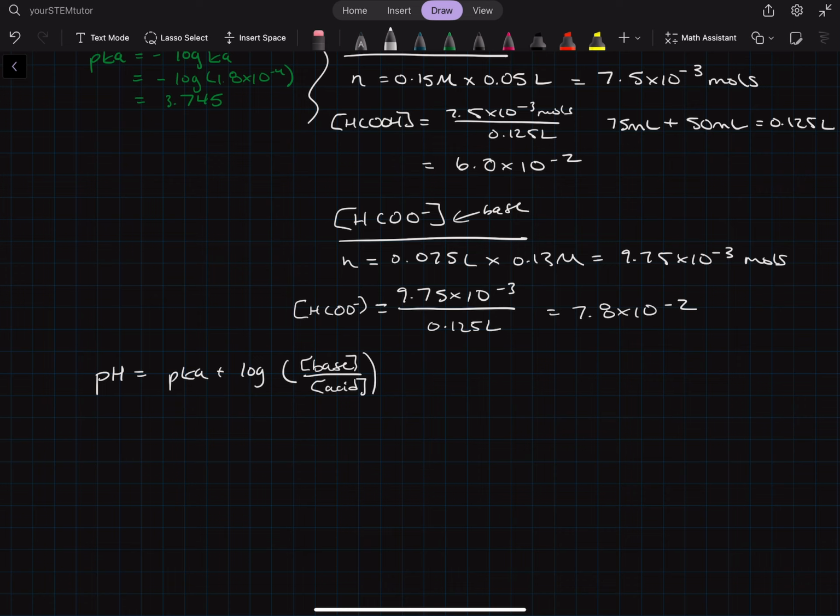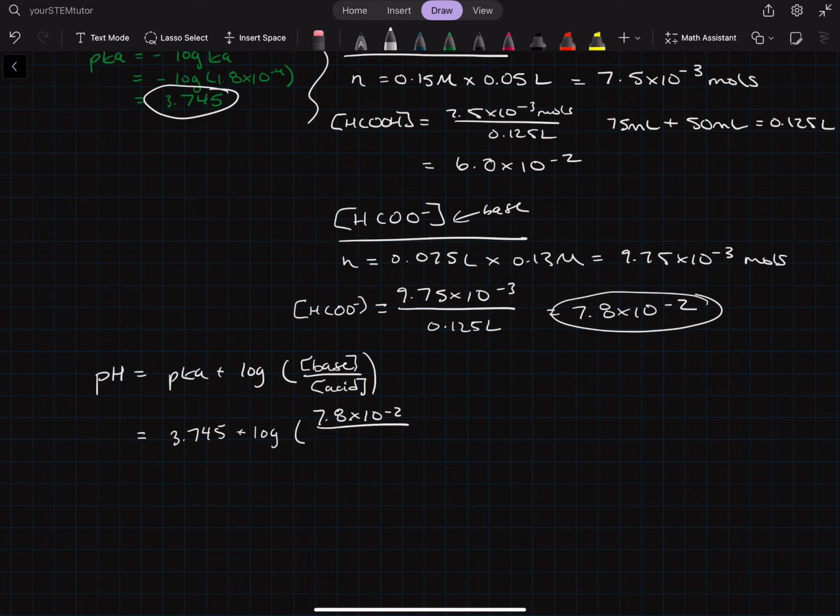That's equal to 3.745, which we calculated over here, plus the log of the concentration of our base, 7.8 times 10 to the negative 2, divided by the concentration of our acid over here, 6.0 times 10 to the negative 2.